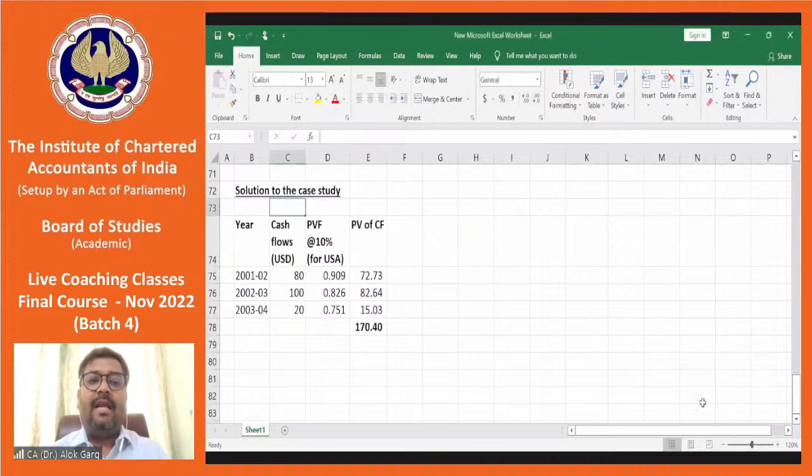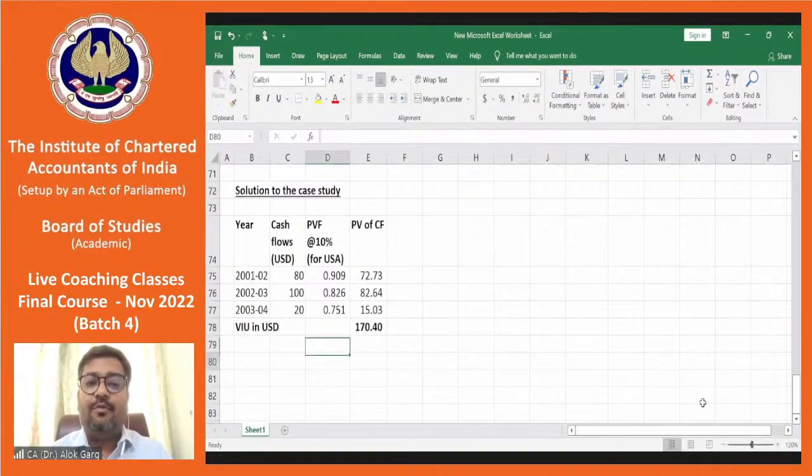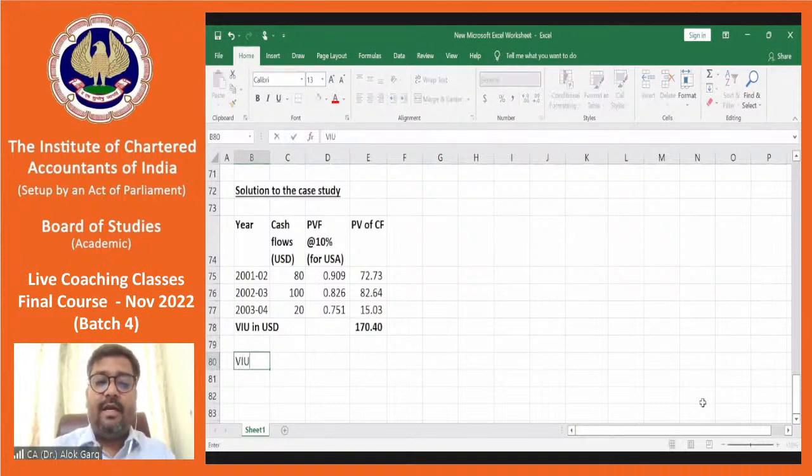Step 1, calculate cash flow in the foreign currency. Step 2, apply discount rate in foreign currency. Then you need to calculate value in use. So this is my VIU, value in use in USD, right? Now I need to convert this value in use into INR. So how to calculate VIU in INR?